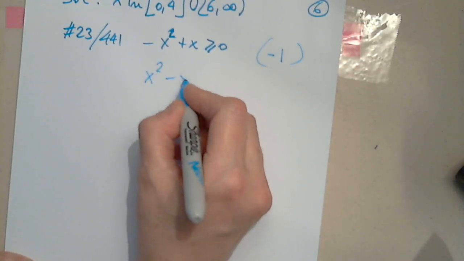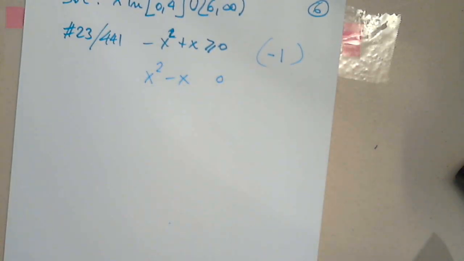So this will be x squared minus x, and now we have to think carefully. What do we need to do? Switch the signs because we multiplied by a negative. Excellent. So this is indeed less than or equal to 0.